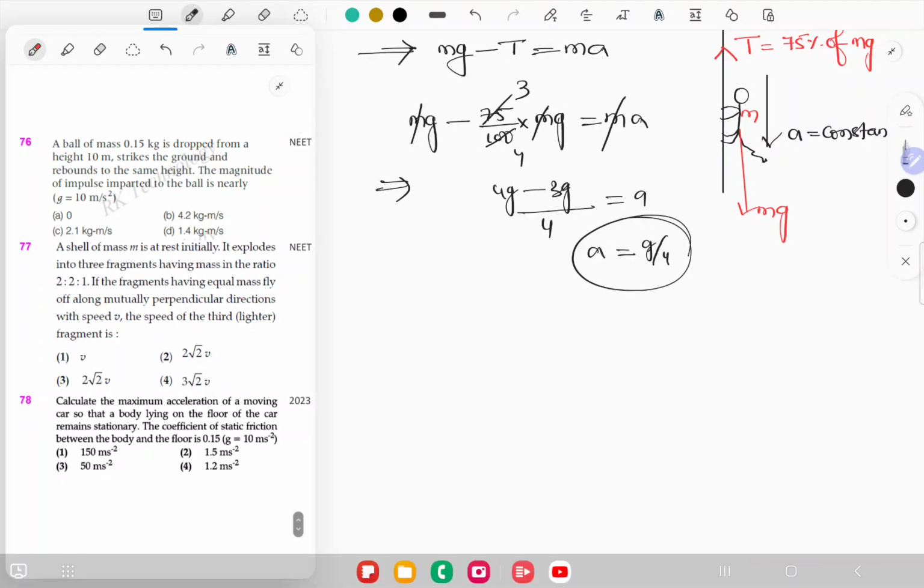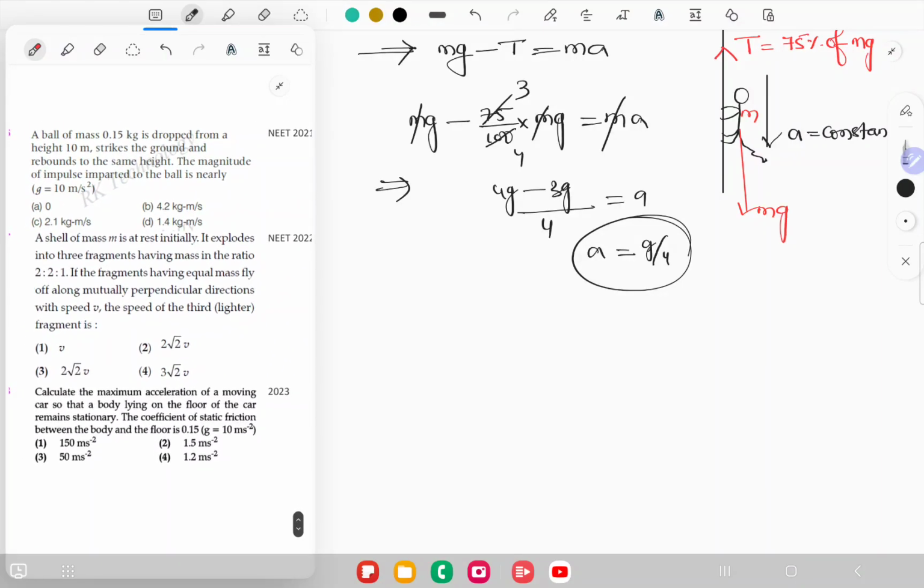Question number 76. This question came in 2021 NEET. A ball of mass 0.15 kg is dropped from a height of 10 meters, strikes the ground and rebounds to the same height.